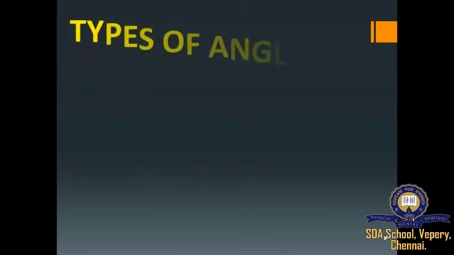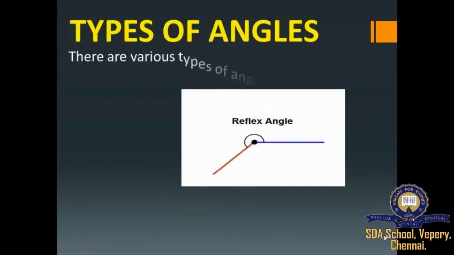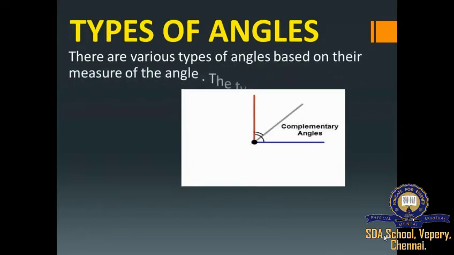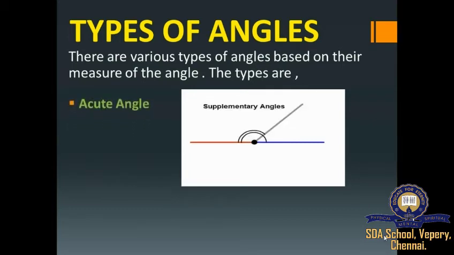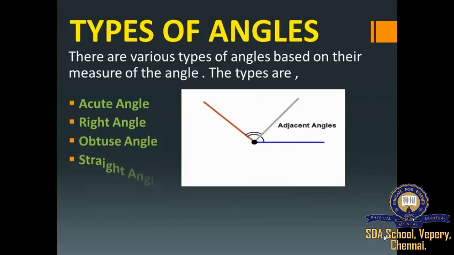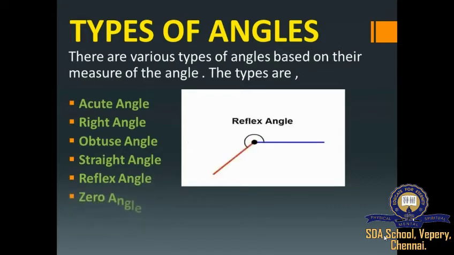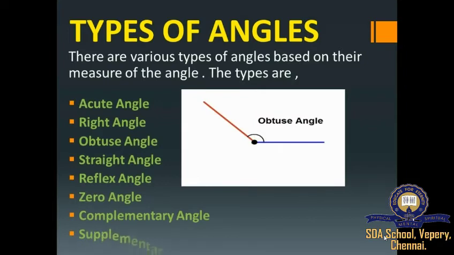Now let's move to the types of angles. There are various types of angles based on their measure. The types are acute angle, right angle, obtuse angle, straight angle, reflex angle, zero angle, complementary angle, and supplementary angle.